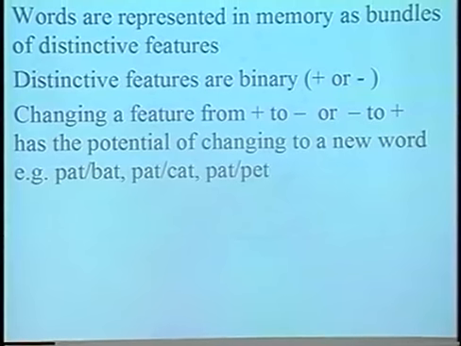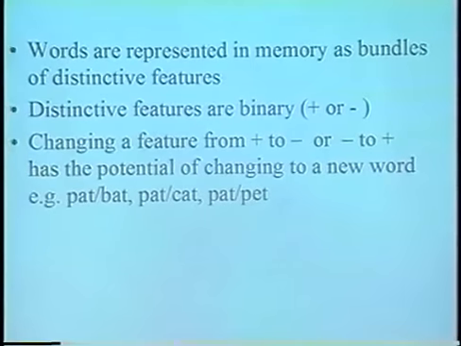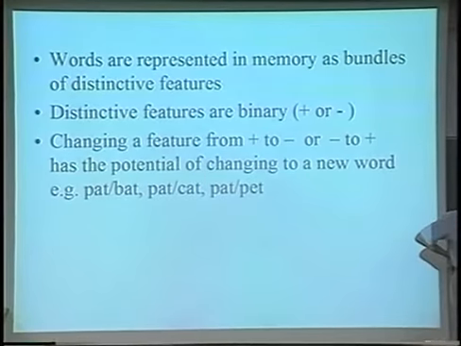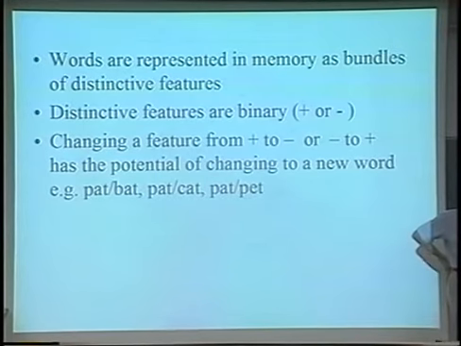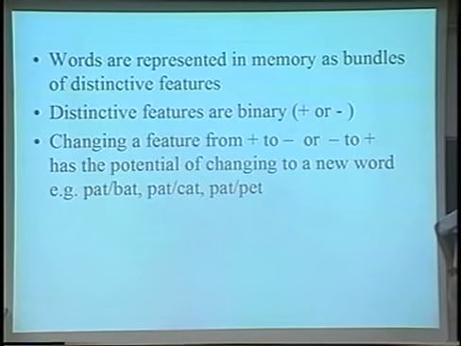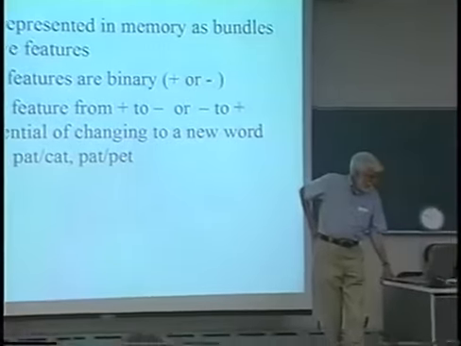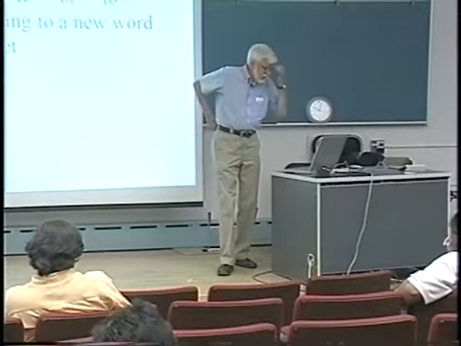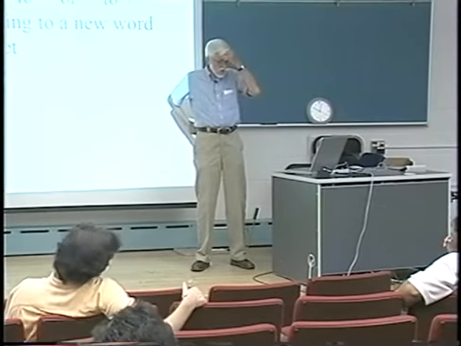So let's first talk about this distinctive feature stuff. Before I get too far into it, I just want to say that this term feature that we've taken from the linguists is different from the term feature that many people who do pattern recognition use.